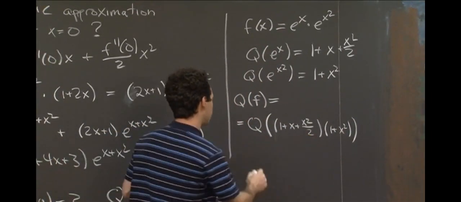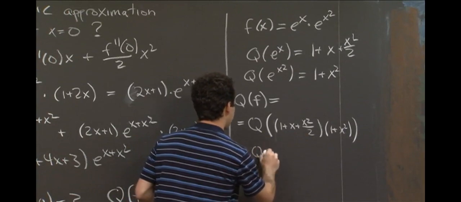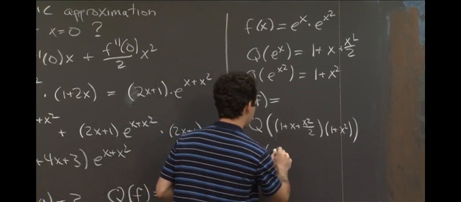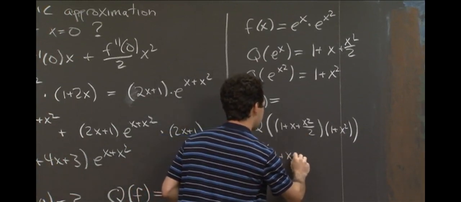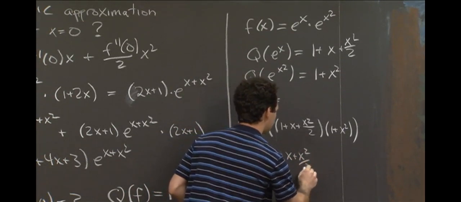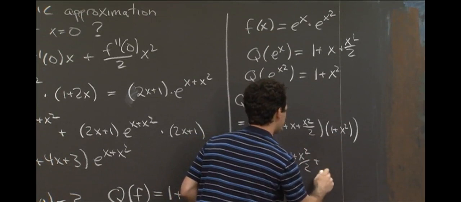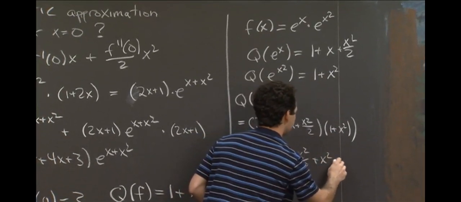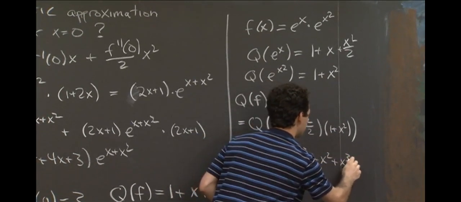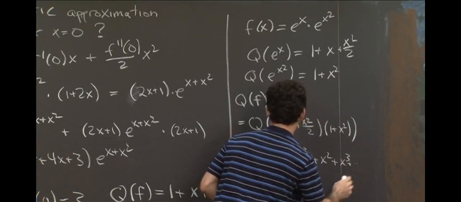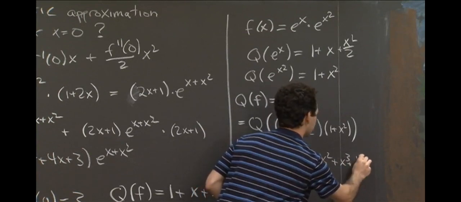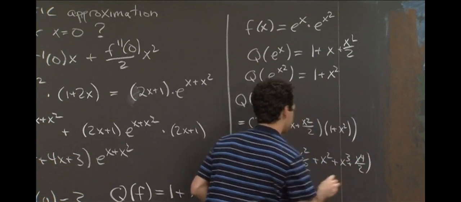There are 6 terms: multiply 1 through, and then x squared, so it's plus x squared, plus x cubed, plus some 4th degree term, x to the 4th over 2.